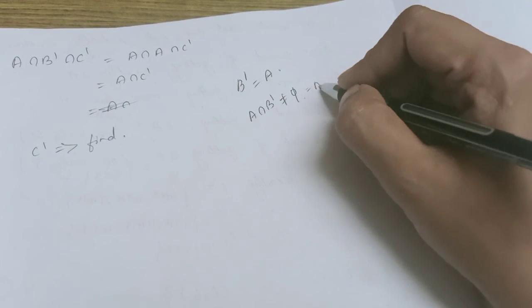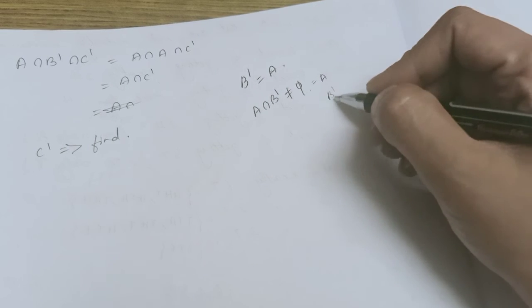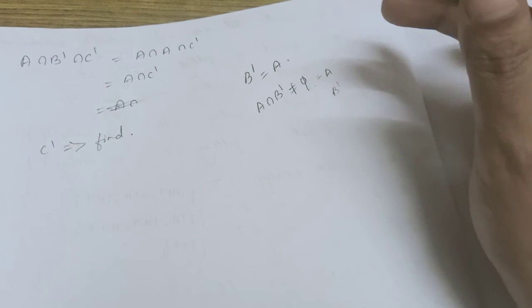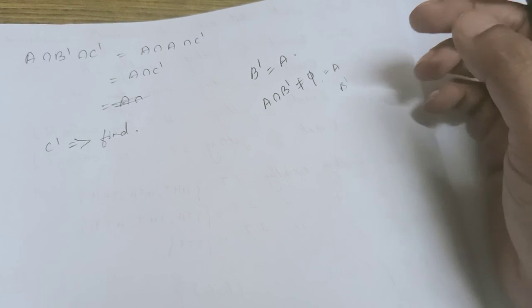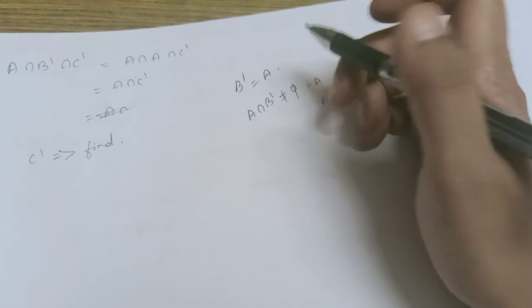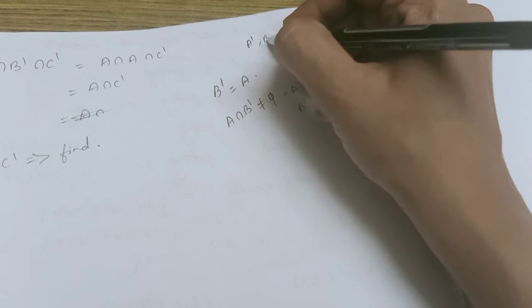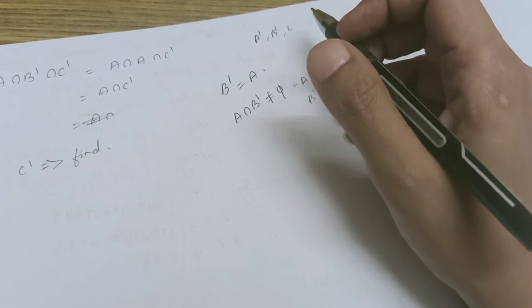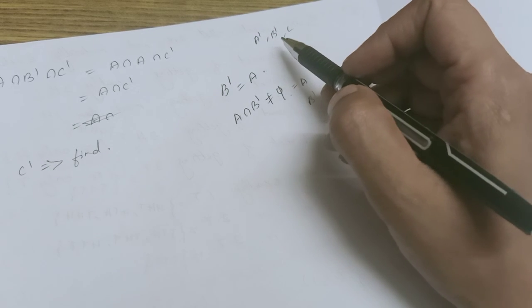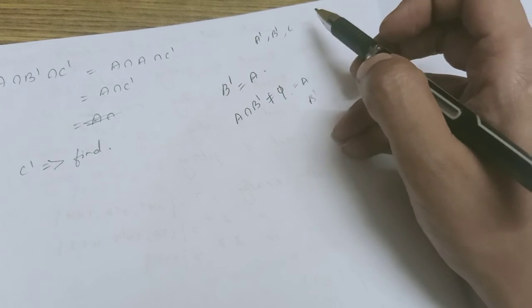It will be equal to A, or you can write B dash also. So it is non-empty, so they are not mutually exclusive. That statement is also false. Similarly, we have to check whether A dash, B dash and C are mutually exclusive and exhaustive. The mutually exclusive portion itself will be false, so the statement will be false.